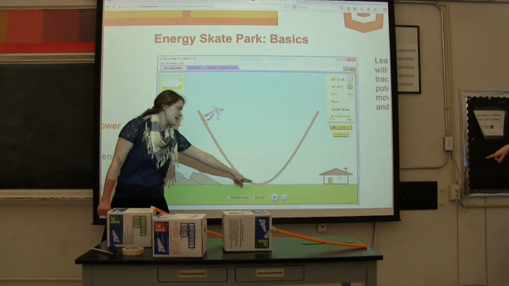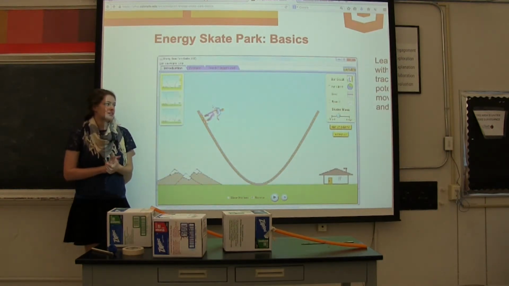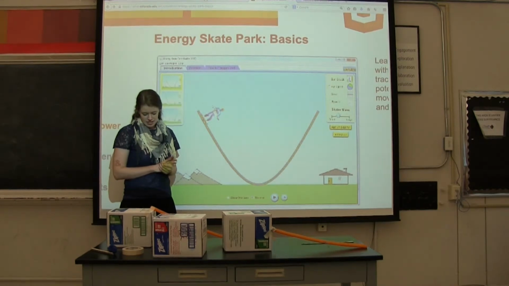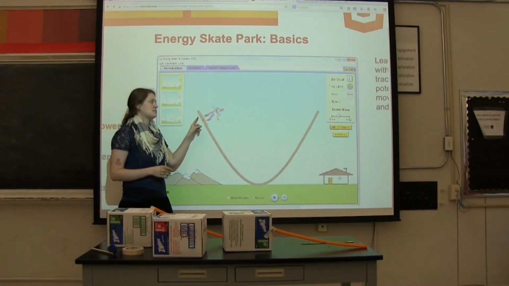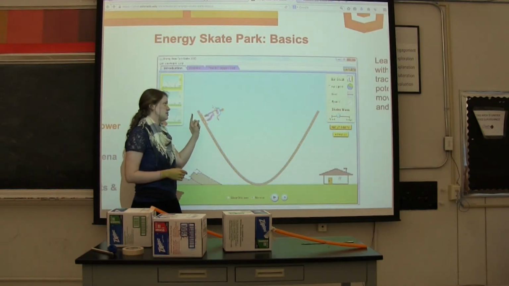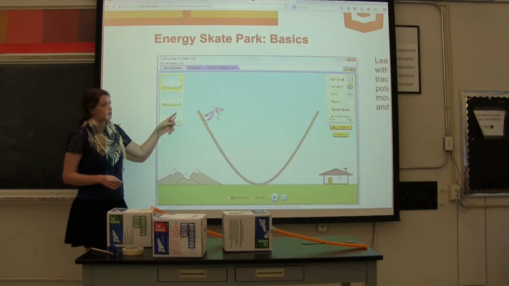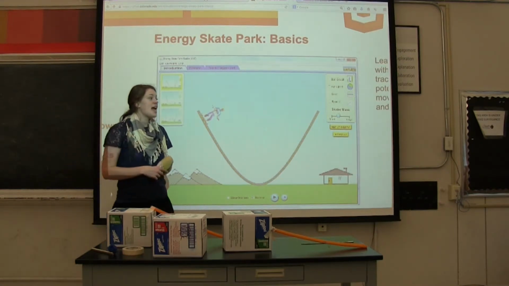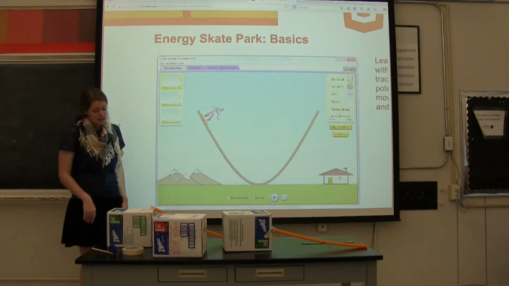Down at the bottom of the ramp. Was it his fastest point where he had the most kinetic energy? Yes. Good. Okay, so what evidence do you have that his potential energy was the most up here? The speedometer. Right, so you had a speedometer and it made a graph. So that's where you saw your evidence.